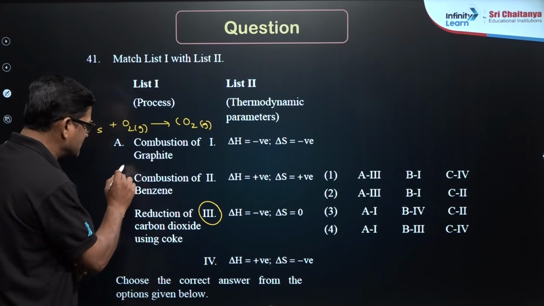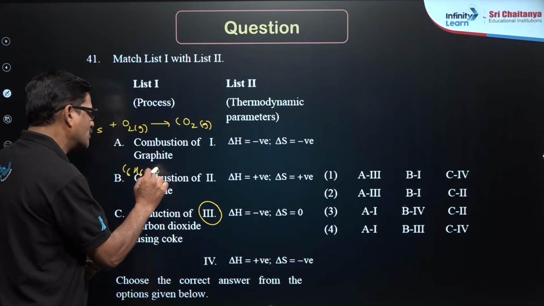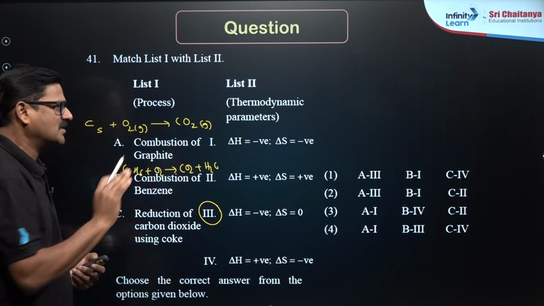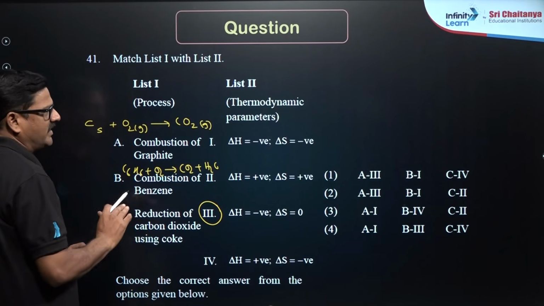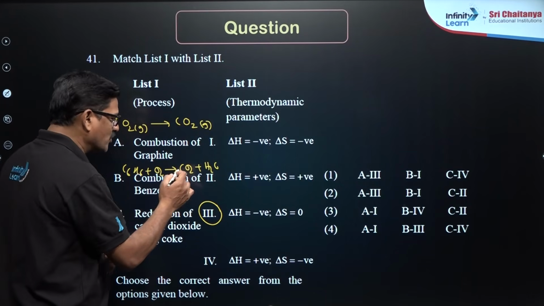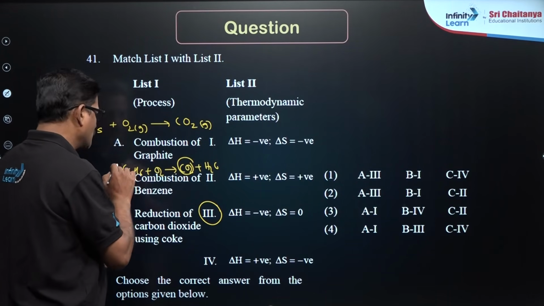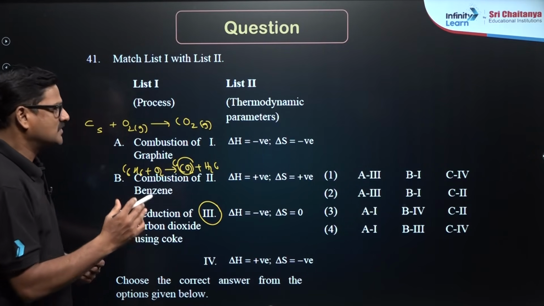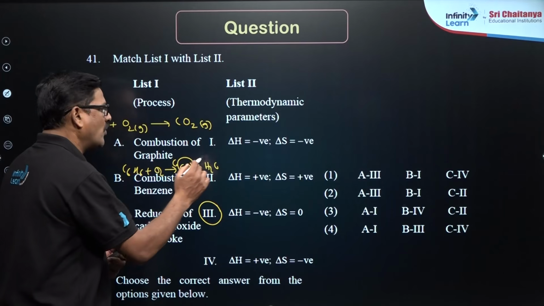Combustion of benzene, C6H6 plus O2, gives rise to CO2 plus H2O. Combustion is always an exothermic reaction, and entropy is increased, so both are going to be here. So 6 CO2, so entropy increases, and I want to say here it is going to be B1.